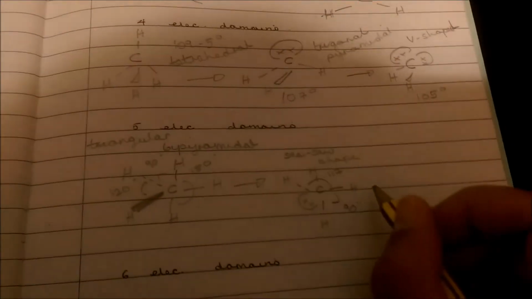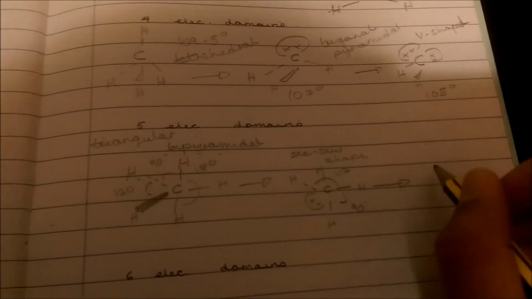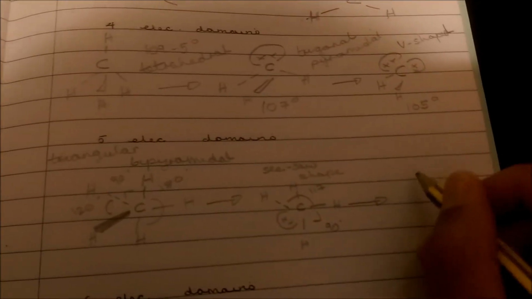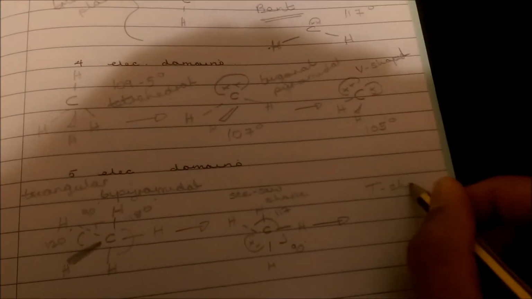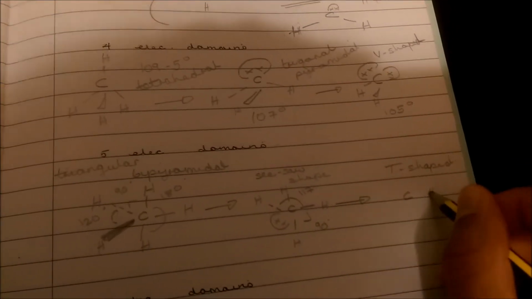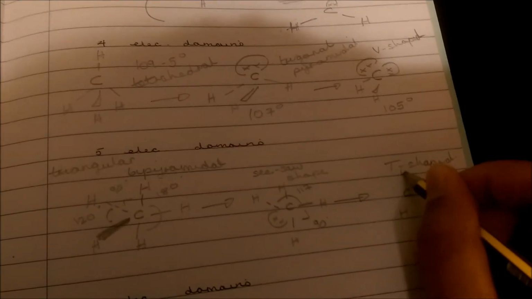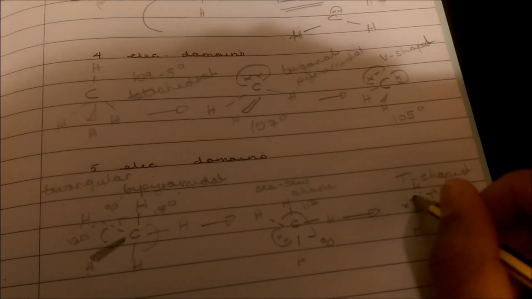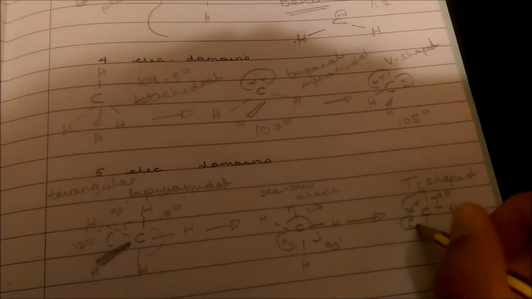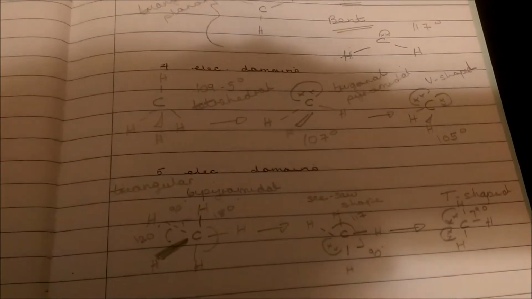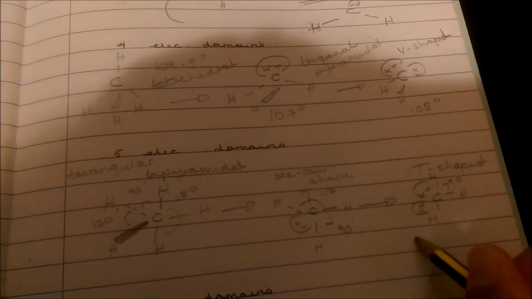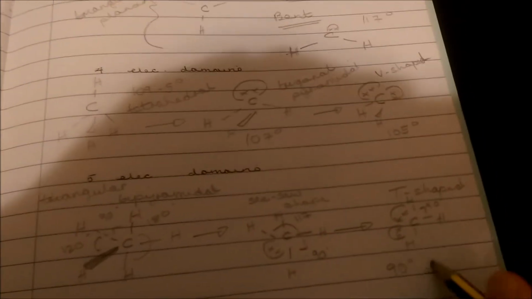Then finally, with two lone pairs, you get a T-shaped structure with C, H, H, H. 90-degree bond angle, which can clearly be observed here, so it shouldn't be very difficult to remember that. Two lone pairs. So the bond angles here are clearly 90 and 180 degrees.